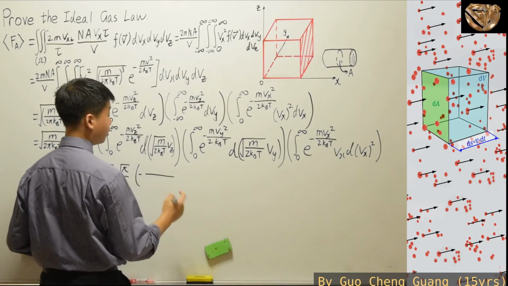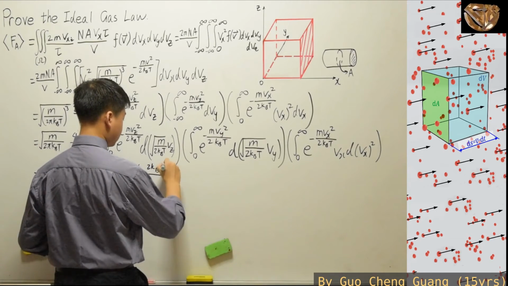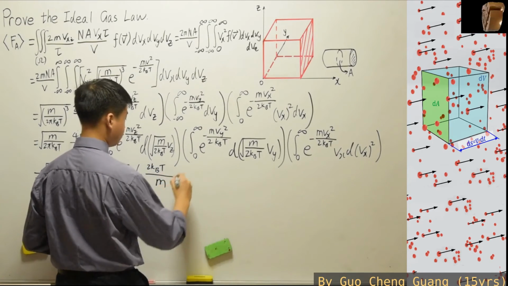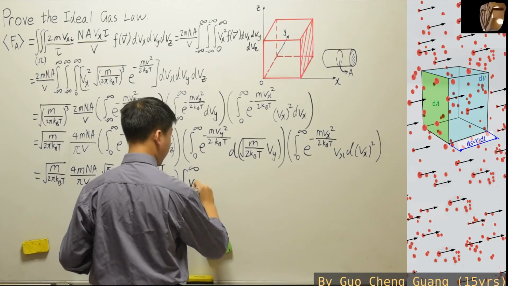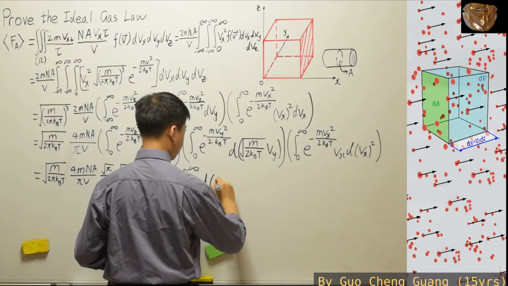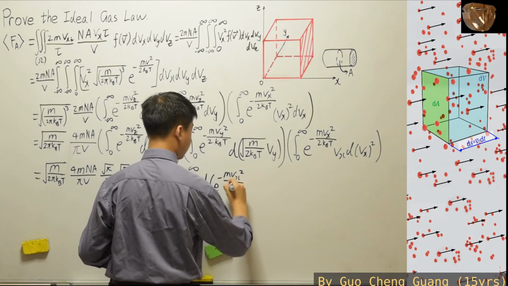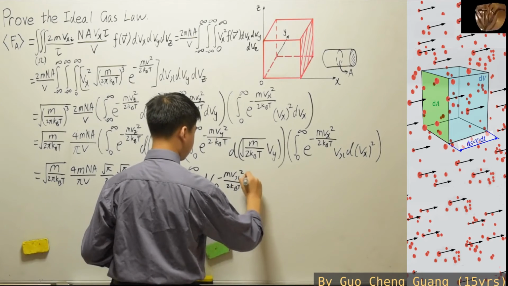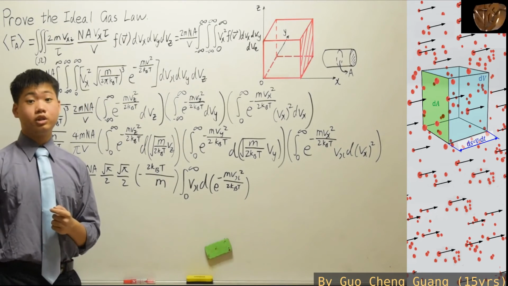So negative, so that means you will need 2 kBT over m in order to make this vx e to the power negative mvx squared over 2 kBT. Alright, so this is what it should look like.